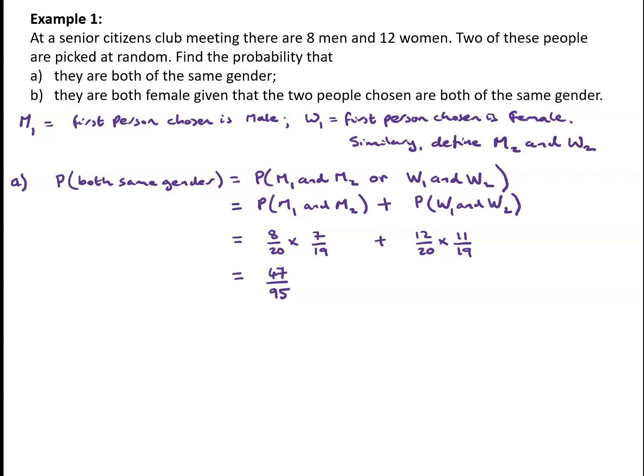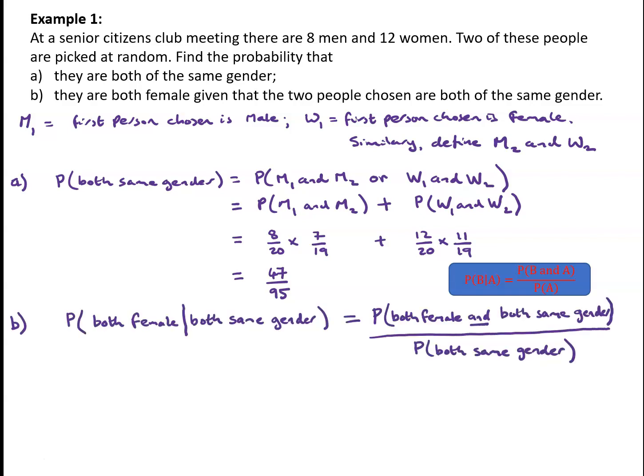For the second part of the question, we want to find out what's the probability they are both female given that the 2 people chosen are both the same gender. Now the words given that are really important in this question because it tells us we are after a conditional probability. So in part B, we need to use the rule for conditional probability.